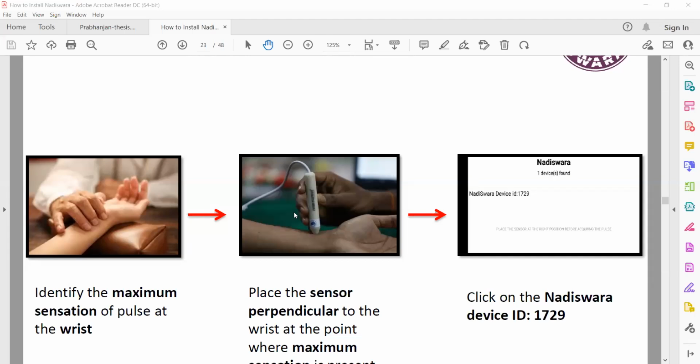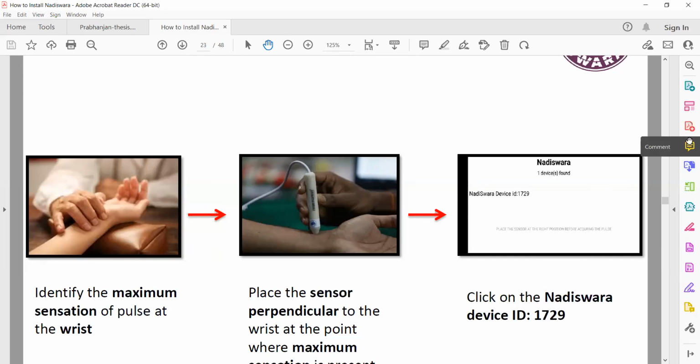It's called gati of the nadi. So using this single point technique, you can analyze or diagnose the person successfully.